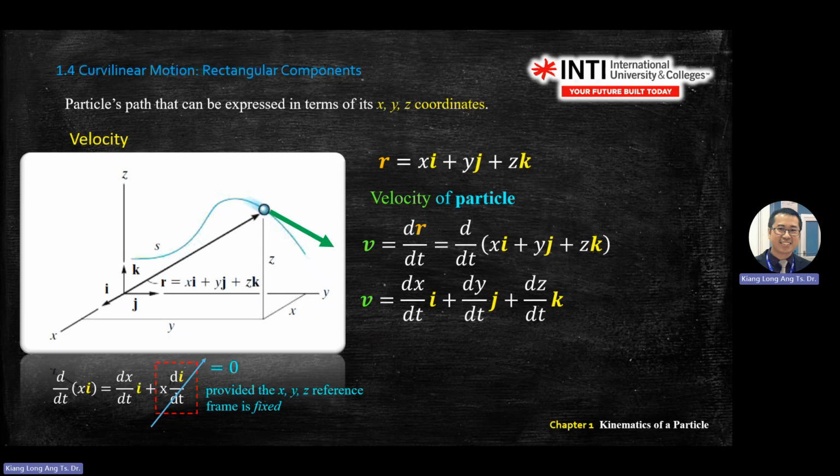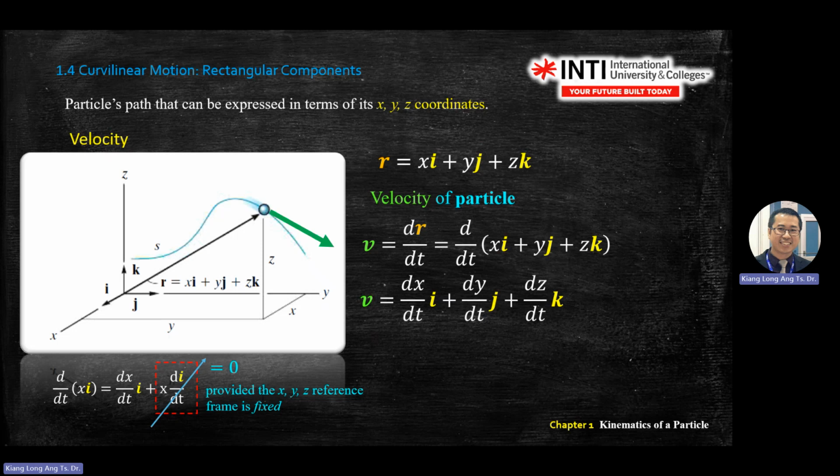Given this one, because sometimes, for example, the question might give you x equal to t plus 6, y equal to 3t plus 3, z equal to 4t plus something. We ask you to find velocity in vector form.